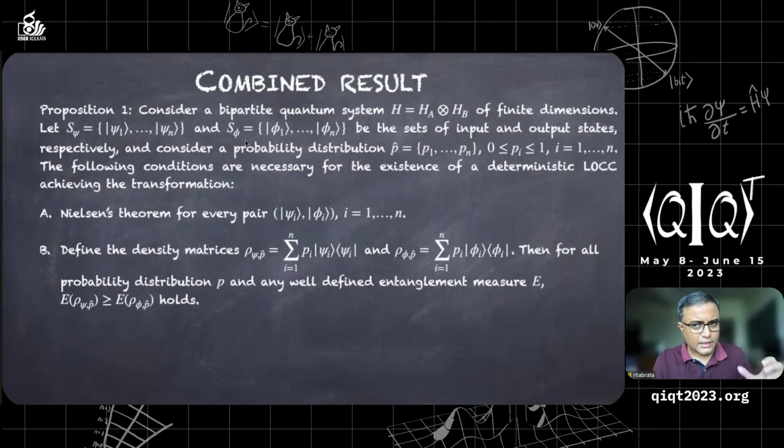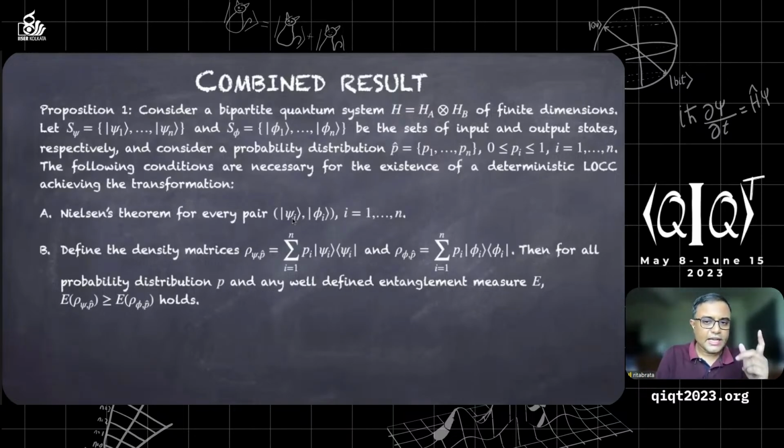Now I know if I take a probability distribution P, which is like p1, p2, ..., pn, with the summation of pi equal to 1, I can make a state rho depending on this input set psi and the probability distribution, that is this ensemble, the sum from i equals 1 to n of pi ket psi i bra psi i, and similarly we do for the output states with the same probability distribution.